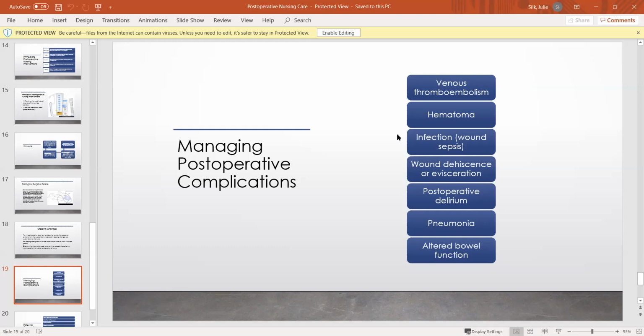People are really at risk for pneumonia after surgery because they have a respiratory depressive effect from their pain medicine. They also have decreased lung expansion because they're in so much pain. They're not moving as much because they are in pain or they can't, because of whatever they had done. So this is something that's a big problem.